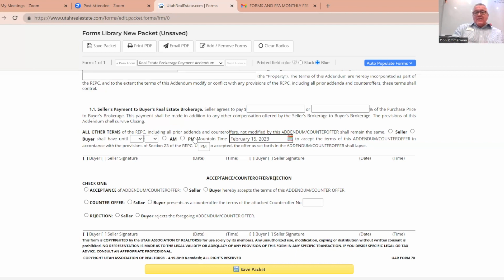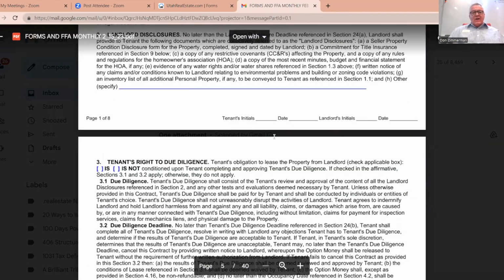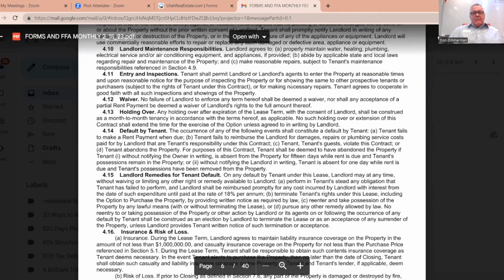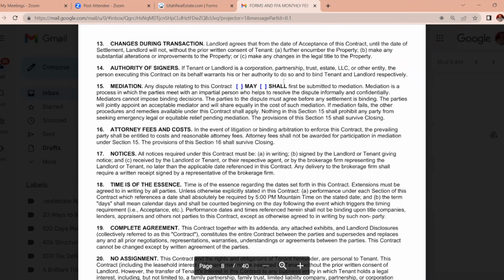This is a form signed by the buyer and the seller, where the buyer is asking the seller to pay an additional amount, and what you would put here is 0.5%, because if they're already offering 2.5%, it says this payment shall be made in addition to any other compensation offered by the seller's brokerage to buyer's brokerage. Okay, does that make sense, everybody? I hope so. Good questions, you guys. I love it. Okay. Couple of forms. I have a question.